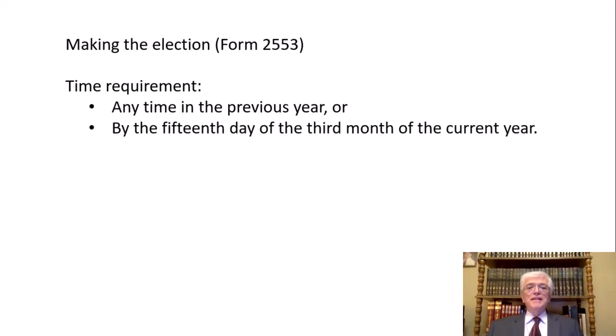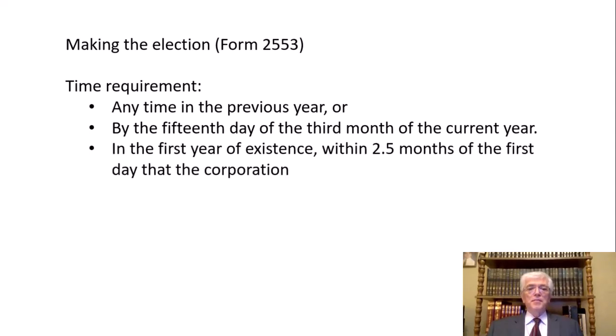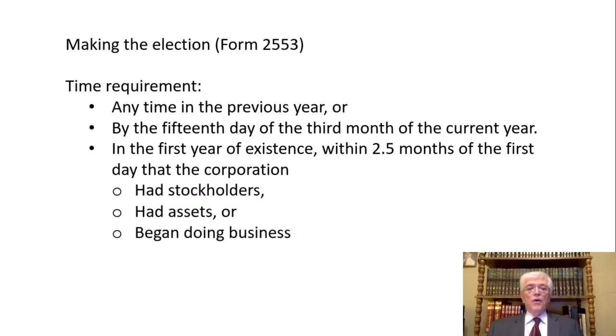Or by the 15th day of the third month of the current year. So as long as it's not March 15th yet, then you can elect S corporation status for the current calendar year. If it's the first year of existence, then you have 2.5 months from the first day that the corporation had stockholders, had assets, or began doing business, whichever of those happens first.